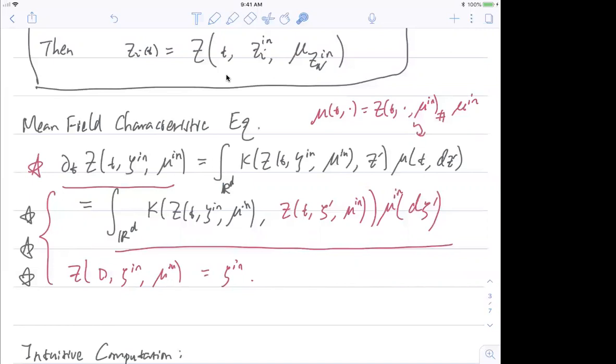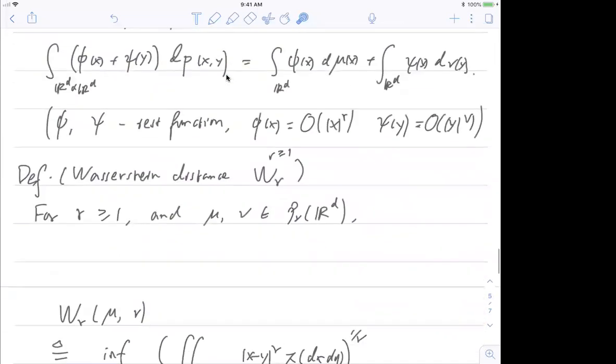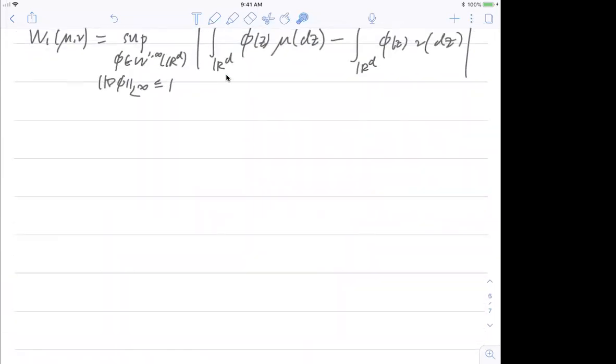So to compare, now what we do is just the stability theorem. We just compare two mean field characteristic flows. Once we control that, we get everything. It's basically just the stability estimate for the continuity equation.